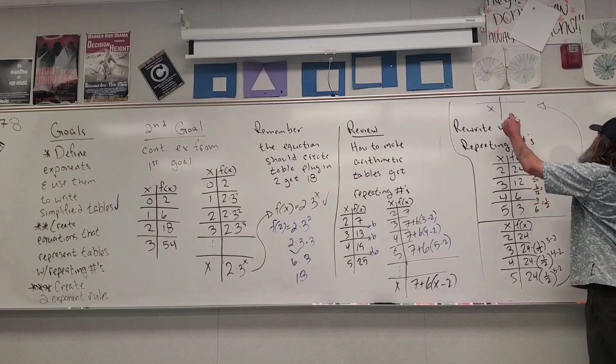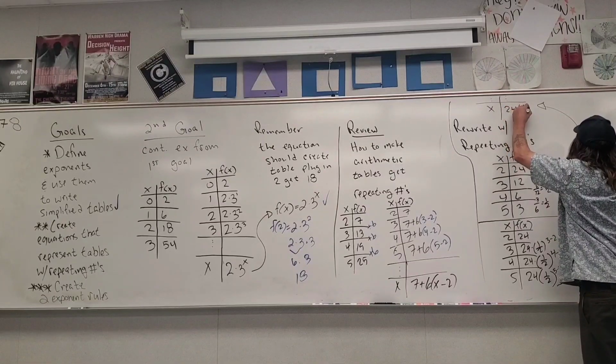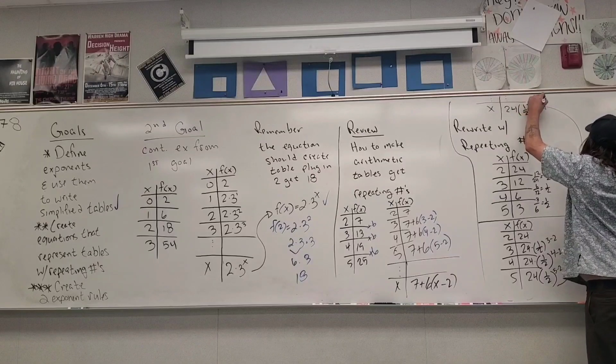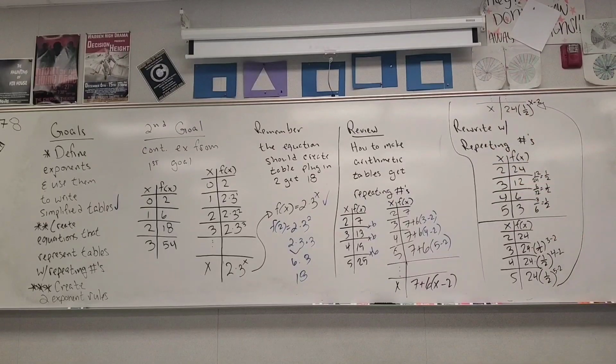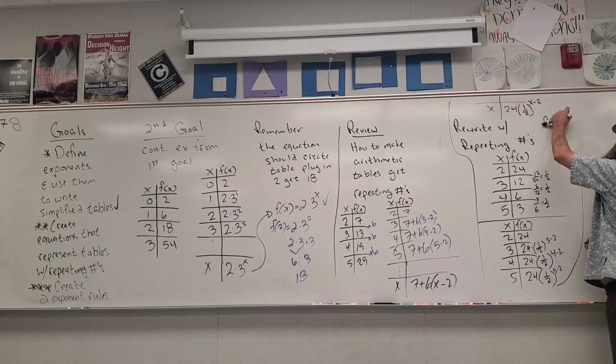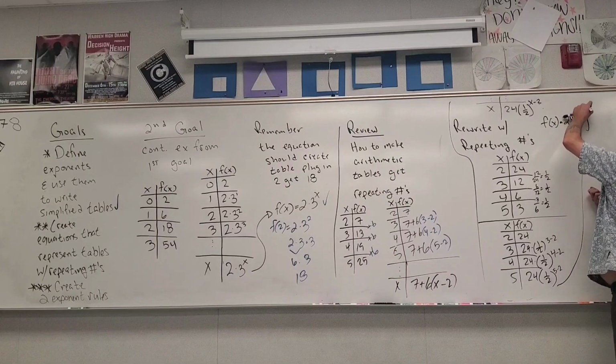So the x row would be 24 with a parentheses of 1/2, and then here would be x minus 2. Okay? So, for example, my equation would now be f of x equals 24 parentheses 1/2 to the x minus 2.